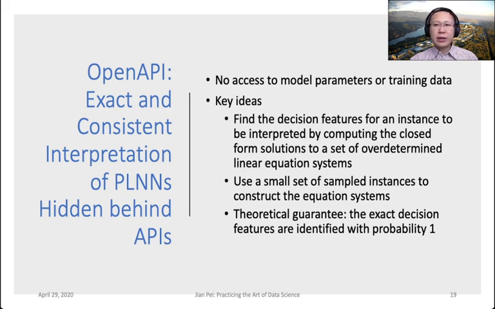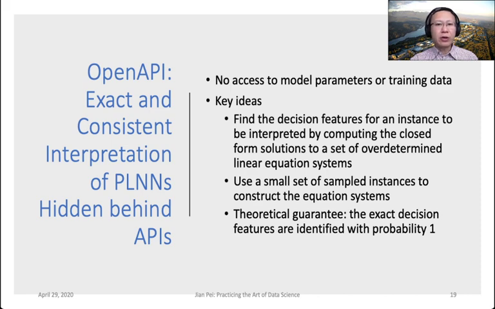Very recently, we further extended our approach to cloud AI services. One challenge in cloud AI services is that people put the models behind cloud service APIs, and users cannot access the model parameters or training data. The key idea of our approach is that we can find the decision features for an instance to be interpreted by computing the closed form solutions to a set of overdetermined linear equation systems.